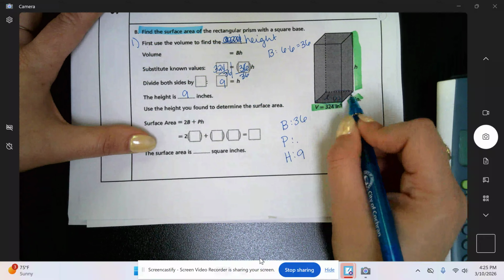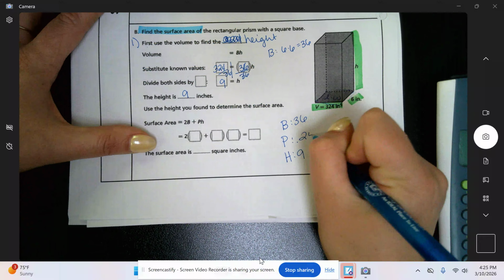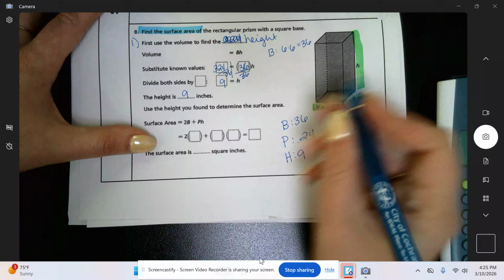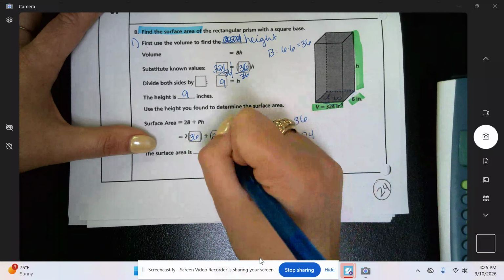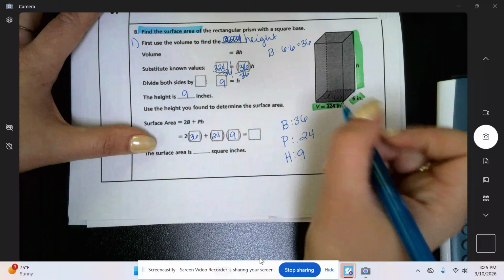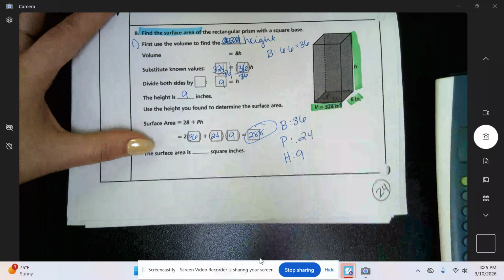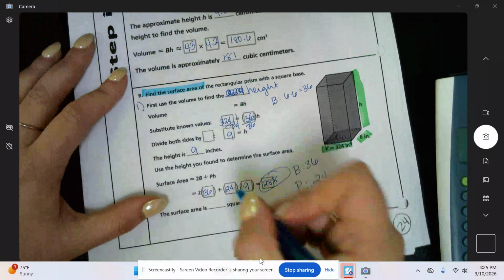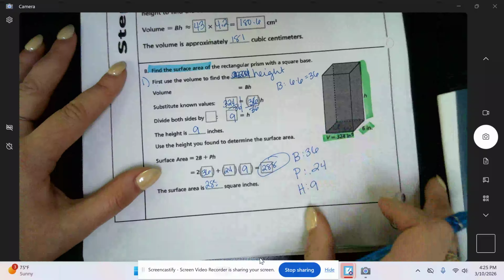So I go 6 plus 6 plus 6 plus 6, which gives me 24. And I can just plug all that into my formula. 2 times 36 plus 24 times 9. And you plug that into your calculator. Gives you a grand 288. So we end up, the surface area is 288 square inches.